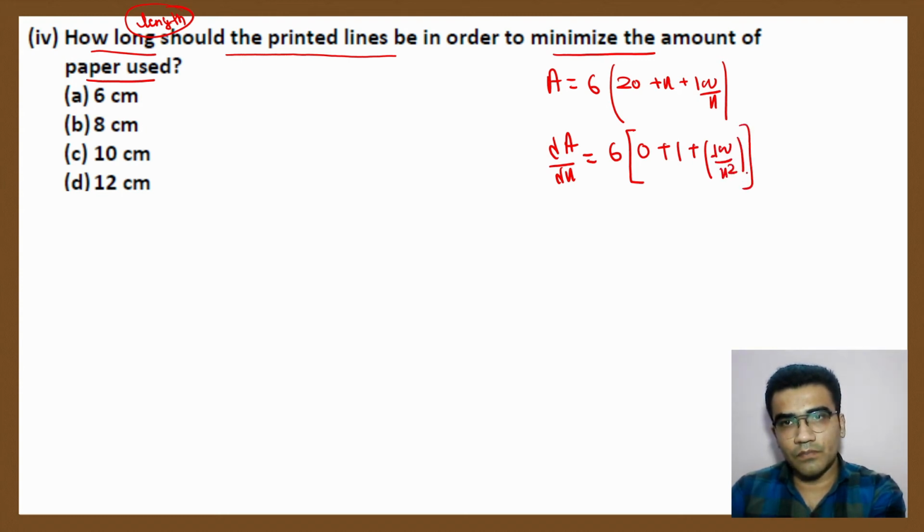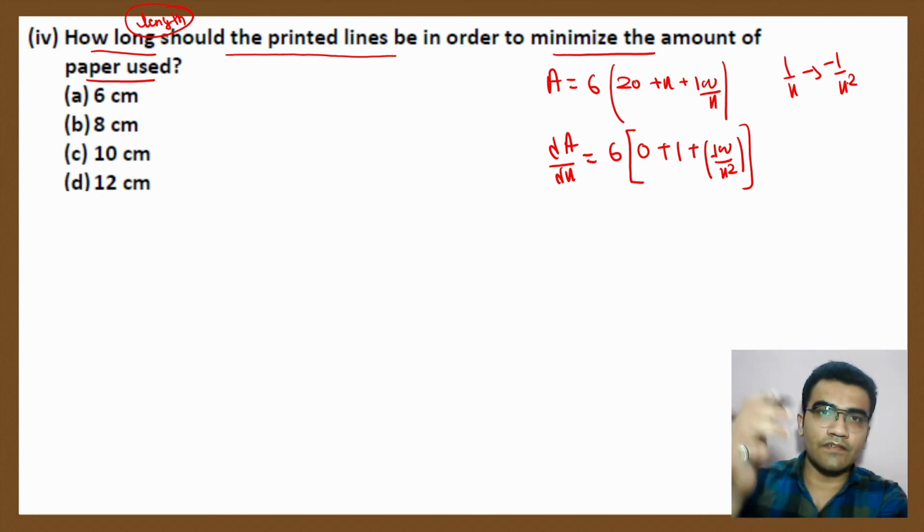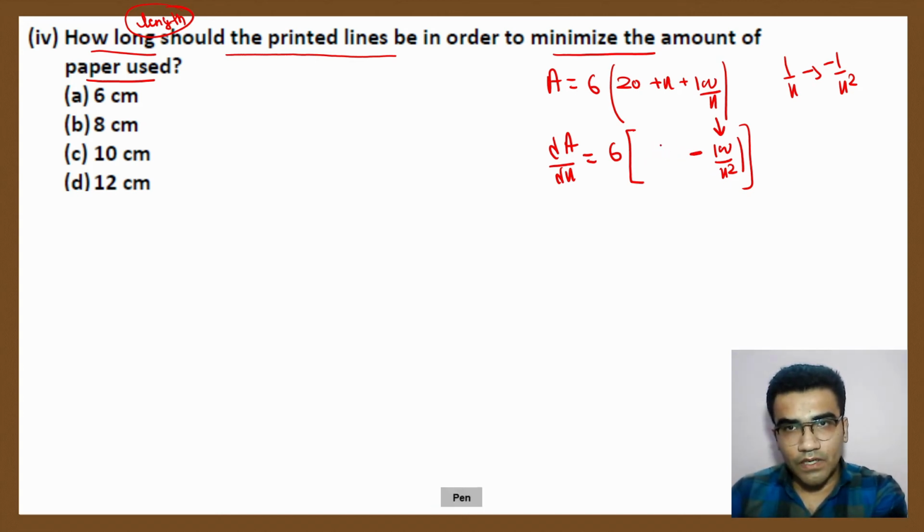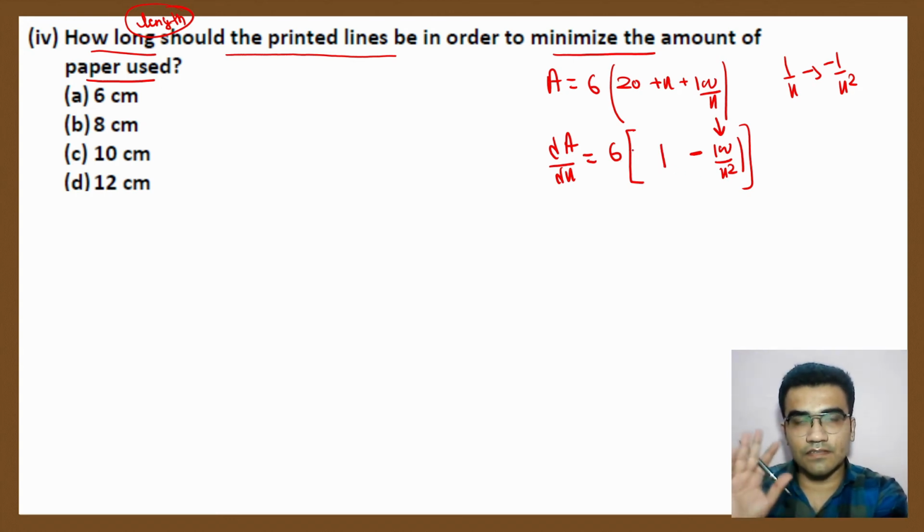This is negative because we know 1 by x differentiates to minus 1 by x square. So 100 divided by x differentiates to minus 100 by x square. So we can write it as 0 plus 1 minus 100 by x square. Now we simplify it: this becomes 1 minus 100 divided by x square, and 6 remains the same as a constant.